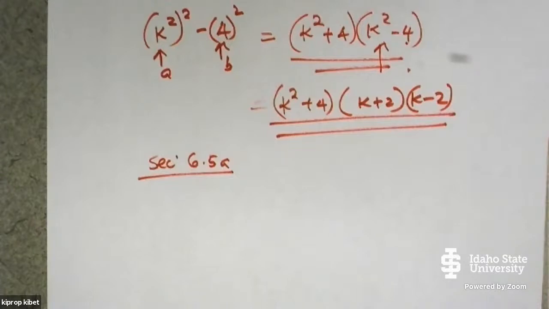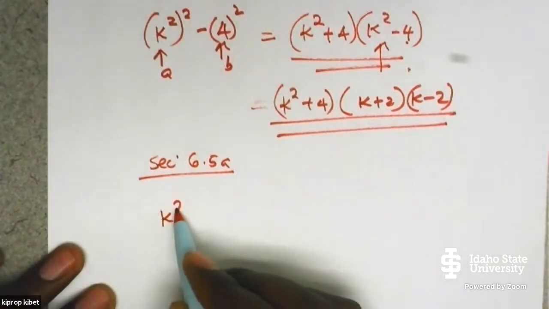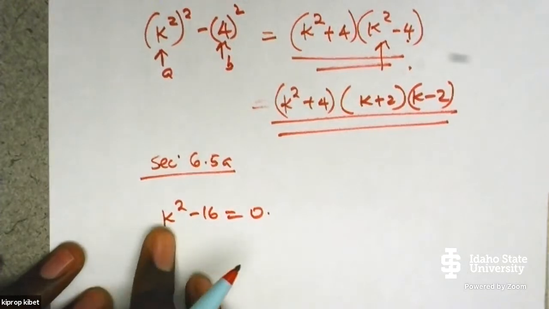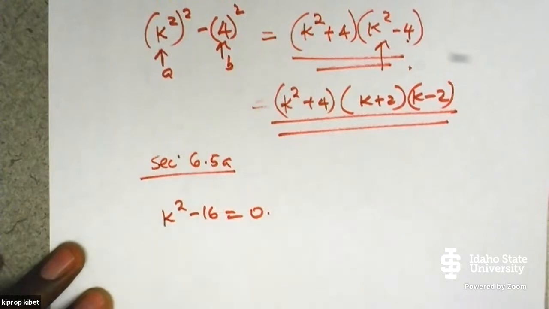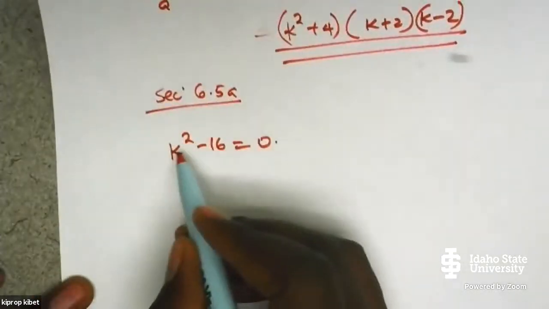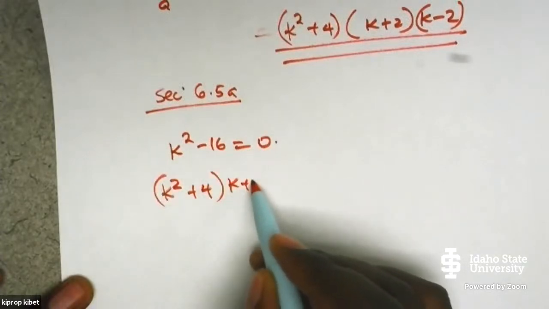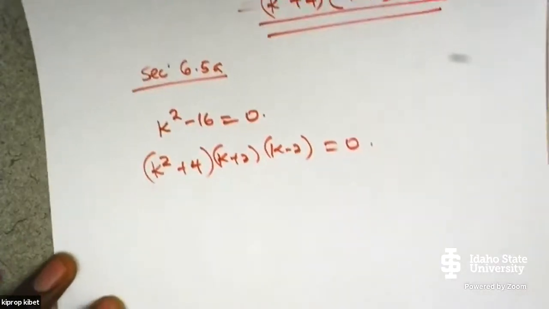Now, when you put the equal sign, then it becomes an equation. So if you're told to solve k squared minus 16 equals to 0, then what you need to do first is to factor this one completely. And we have done this. We have factored k squared plus 4, k plus 2, k minus 2. And it is equal to what?